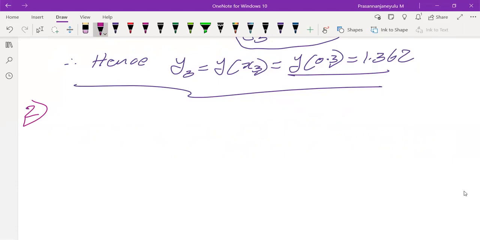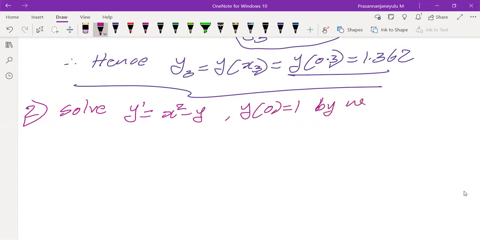Okay, so like that, there may be a chance they may ask like that. Okay, so next problem is solve y dash equals to x square minus y, and they are providing one more condition, y of 0 is equals to 1. Then find, okay, solve this by using Euler's method.